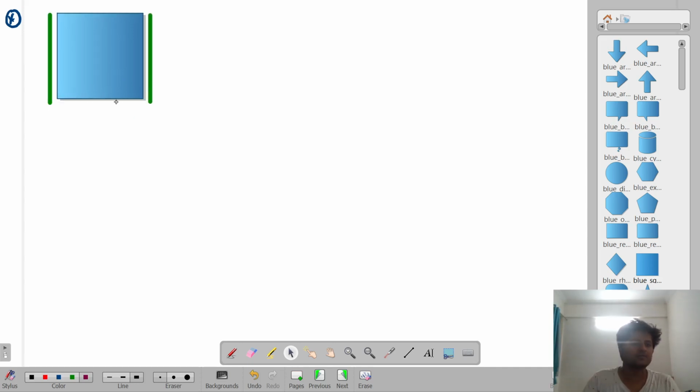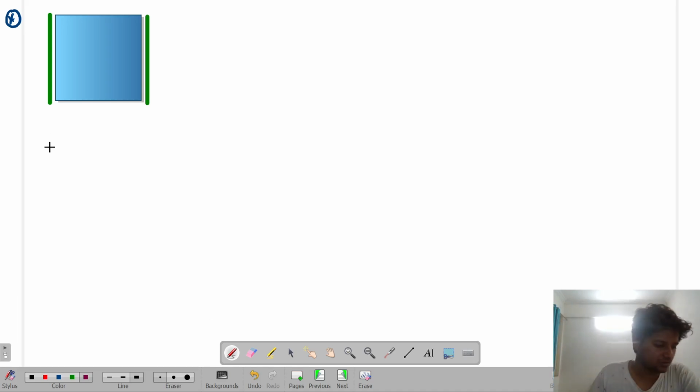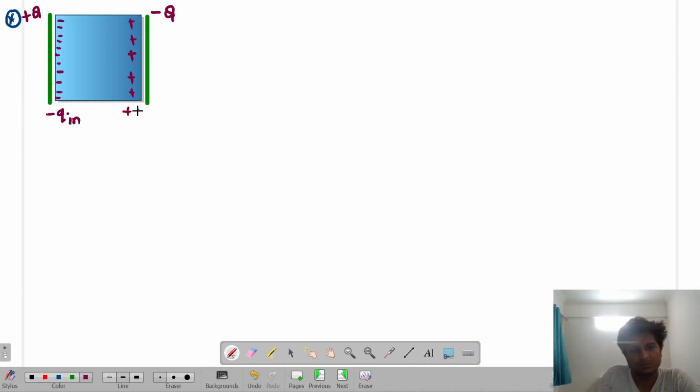Is that clear? So then what will be my capacitance? We want to see. If this is charged, this will be plus Q and this one will be minus Q, isn't it? And due to that, in the dielectric, this is minus of Q induced and this is plus of Q induced. Is that clear?